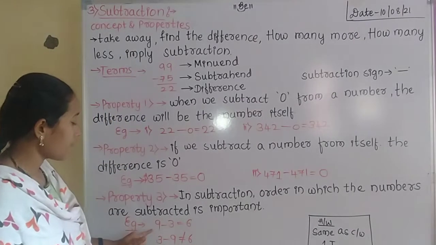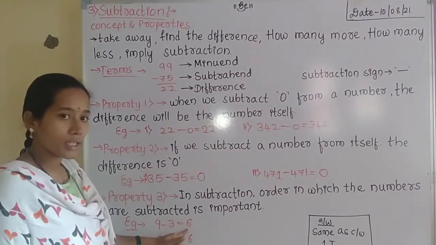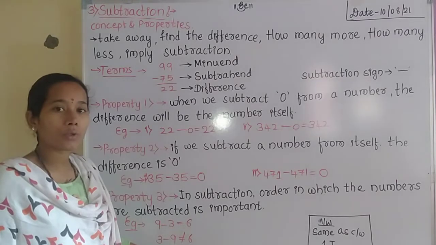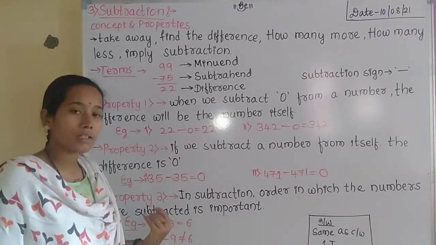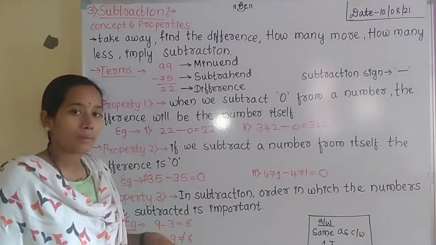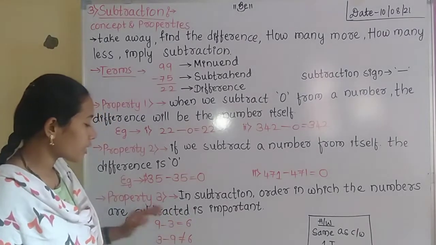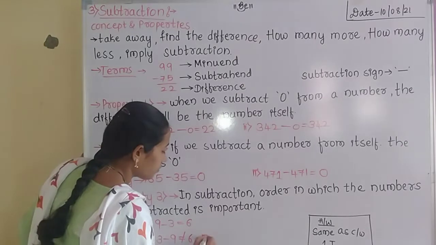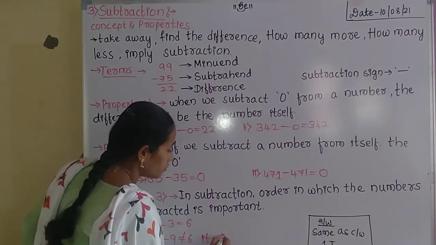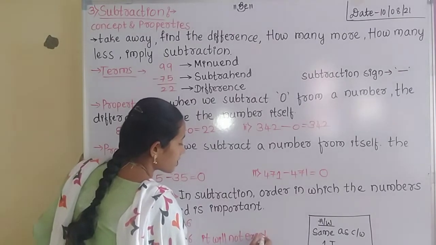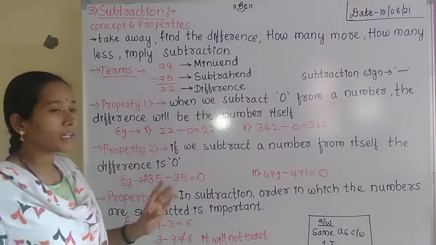See here, 9 minus 3 is equal to 6, and 3 minus 9 is equal to minus 6, but you learn this in higher studies, so it does not exist here. Okay, so here the orders are very important.